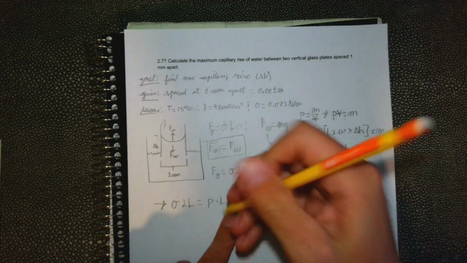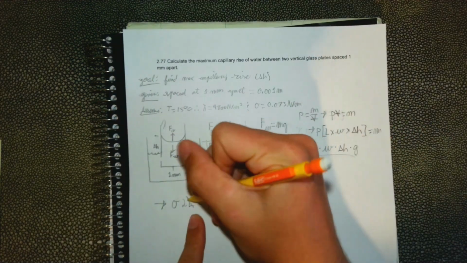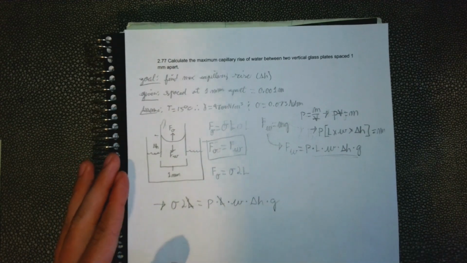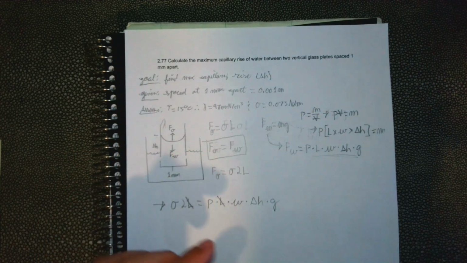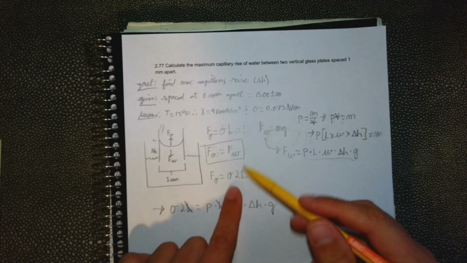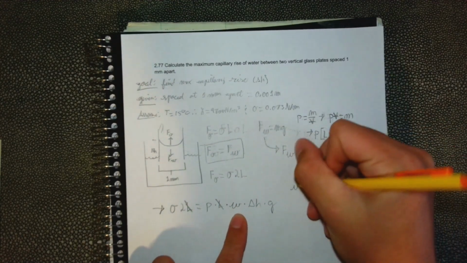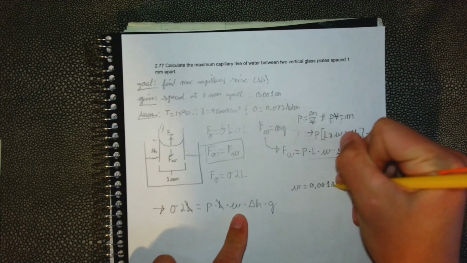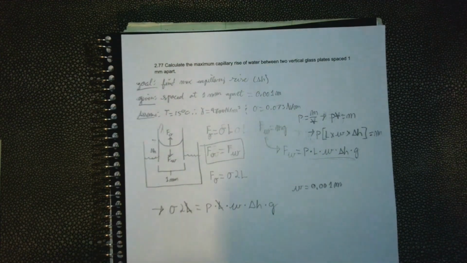We see that we have a length on both sides, so we can actually go ahead and cancel it out. So we end up not needing to know the length, which is useful. We know the width, right? It's separated by 1 millimeter apart. So we know that this is that 1 millimeter, or 0.001 meters.